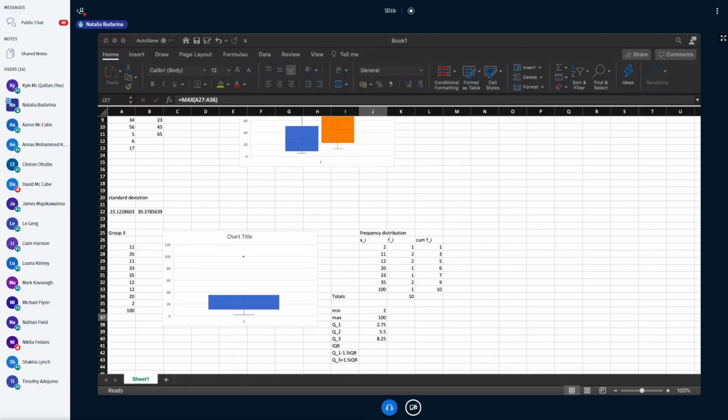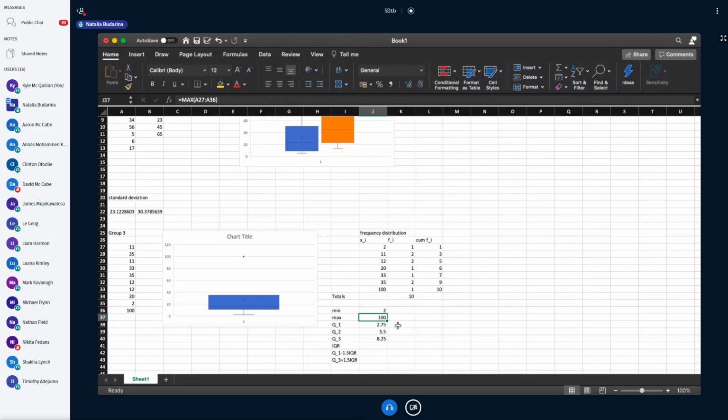Okay, look, to find Q1, my number is between 2 and 3. 2.75 is closer to the number 3. So 75% will be x3 and 25% will be x2. Okay, this is the conclusion.